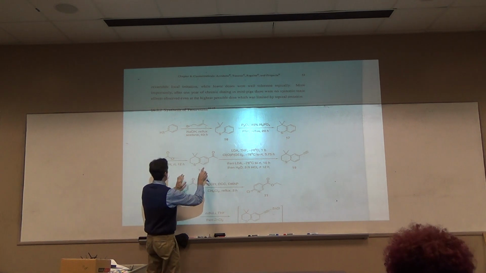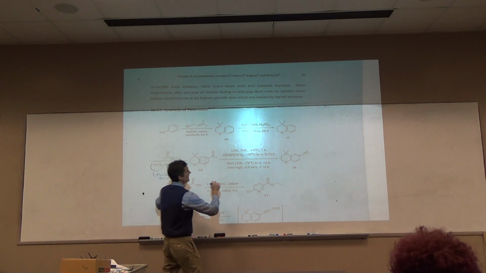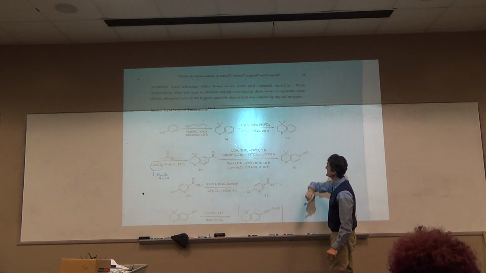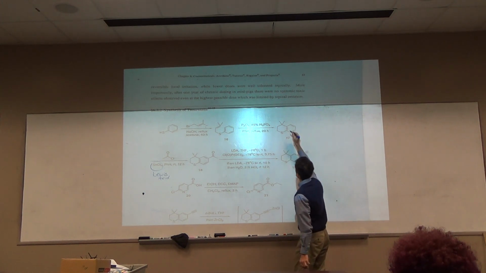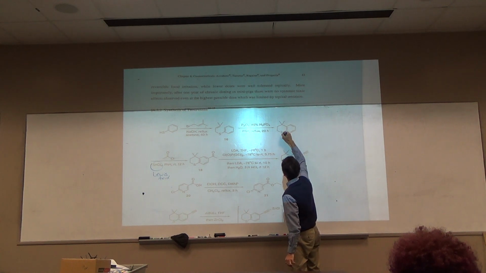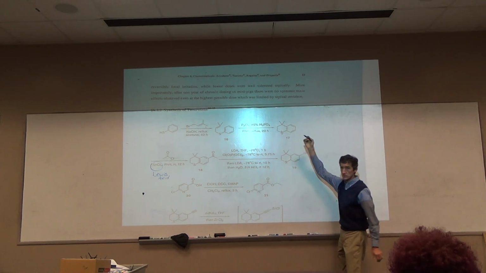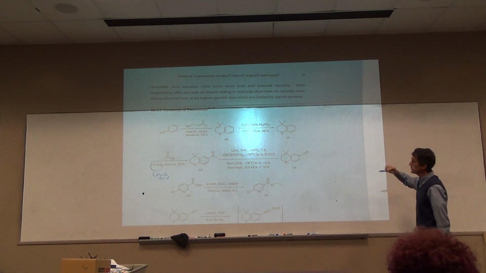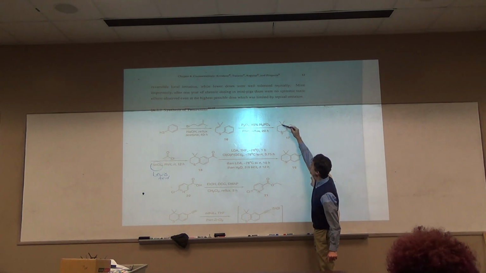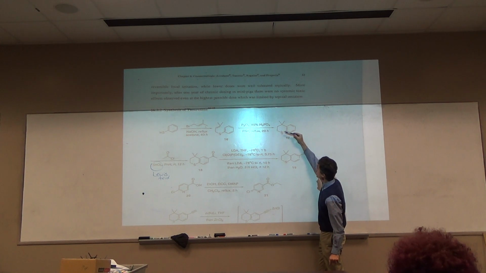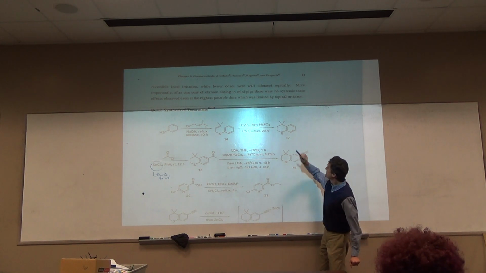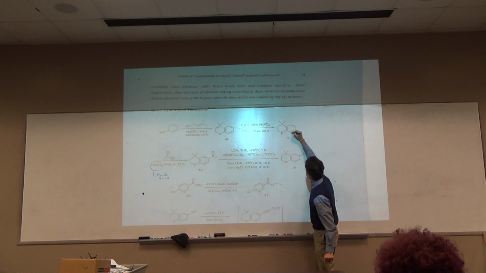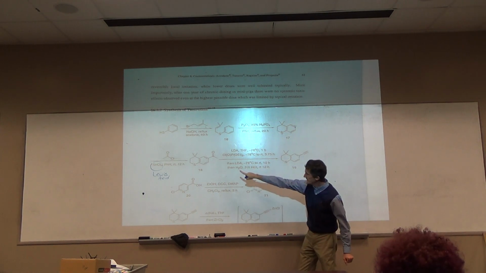And which is more reactive, benzene or this ring? That one. Why is this ring more reactive than benzene? It has a director. Because it has two activating groups, one alkyl and one sulfur with a lone pair. Which one's going to direct, the alkyl group or the sulfur? Sulfur, because it's a stronger activator. Sulfur is what type of director? Ortho-para. So ortho or para to the sulfur, what did we get here?